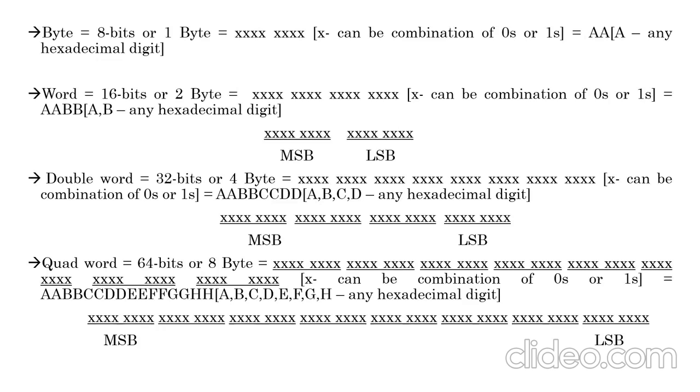A byte represents a group of 8 bits of data. A bit refers to either logic 1 or logic 0. Alternately, a byte can be represented as a combination of 2 hexadecimal digits. One hexadecimal digit is equal to 4 bits, so 2 hexadecimal digits give me the 8-bit data.